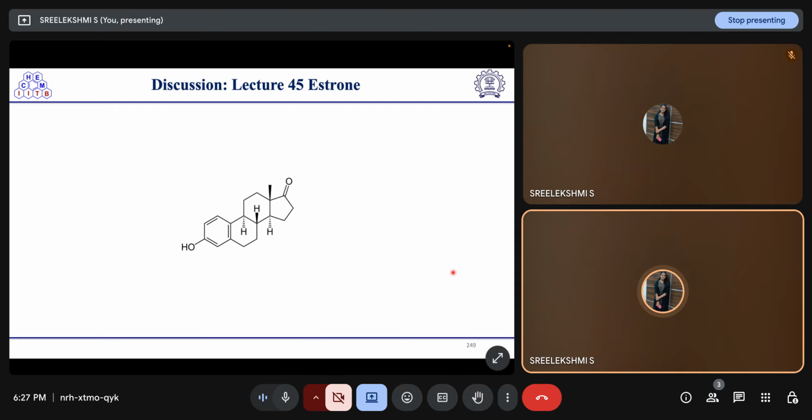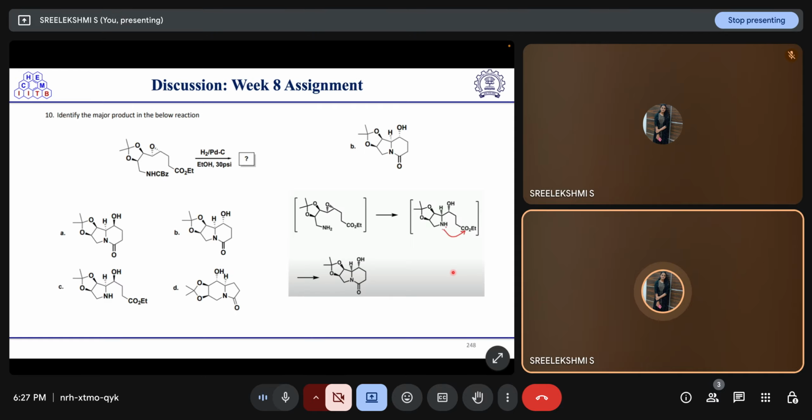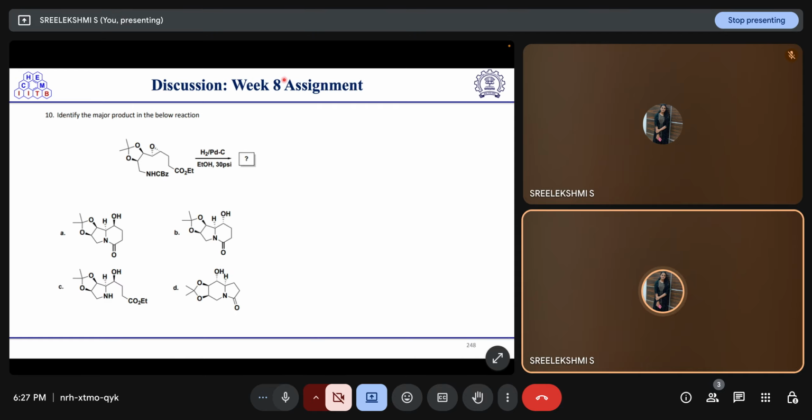Now the last question of the week 8 assignment: identify the major product in the below reaction. This compound is treated with H2, Pd/C in ethanol under 30 psi pressure. Which will be the major product here?